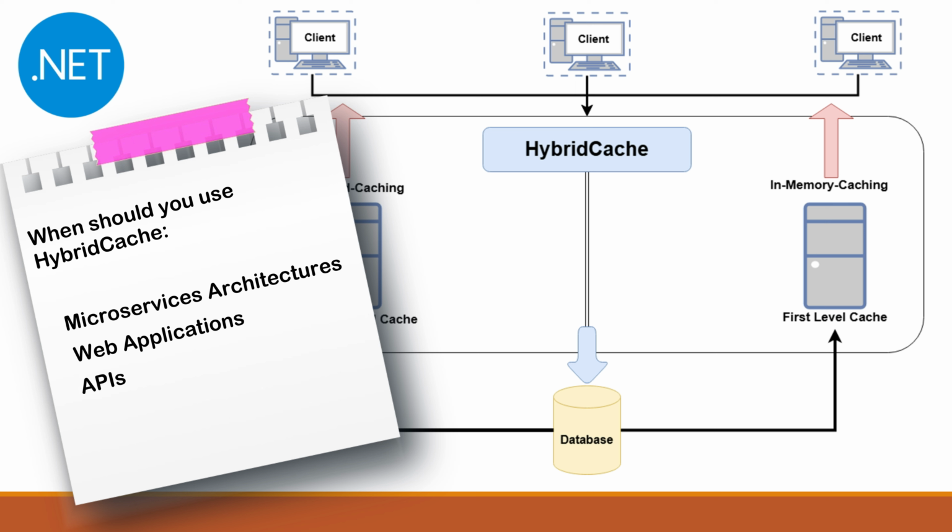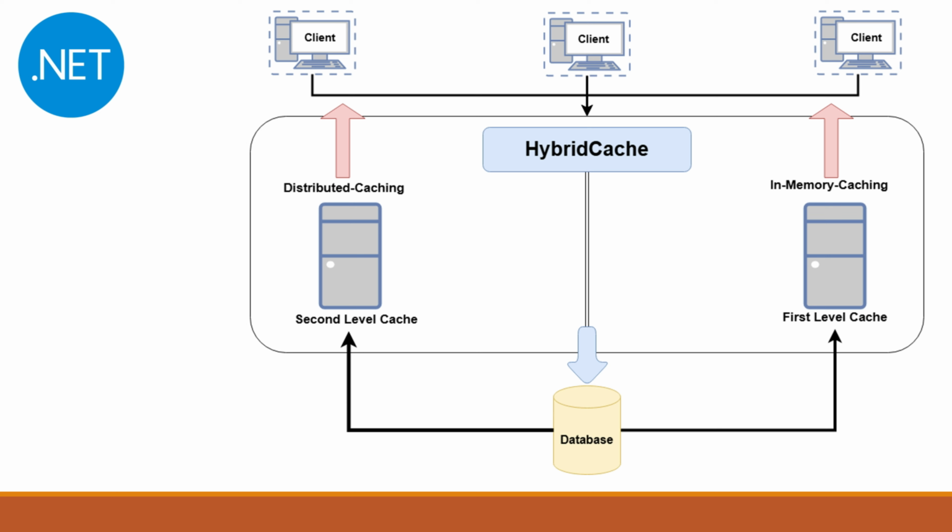Lastly, in APIs that handle repeated requests, Hybrid Cache significantly improves efficiency by reducing the need to fetch the same data repeatedly from a database. However, if your application doesn't operate in a distributed environment or doesn't require high performance, a single caching layer might be sufficient.